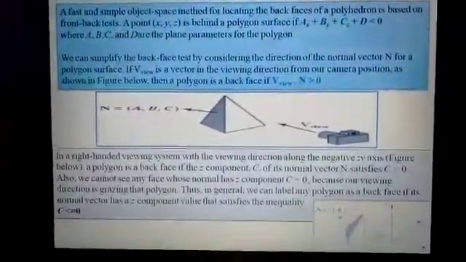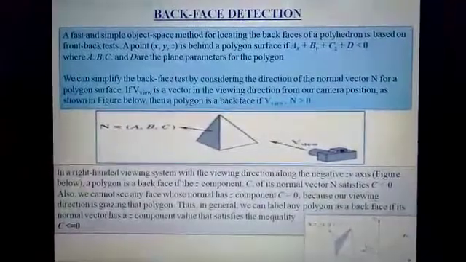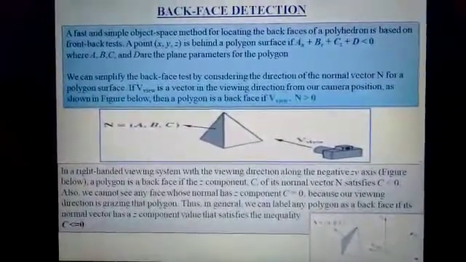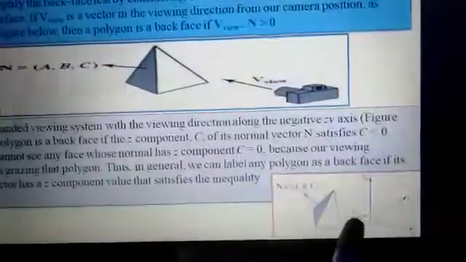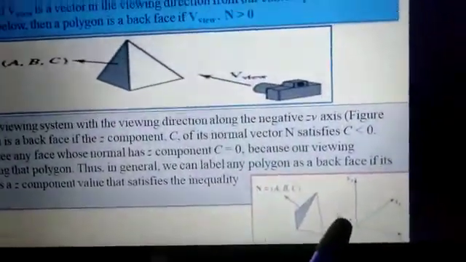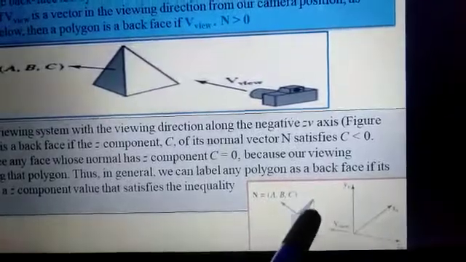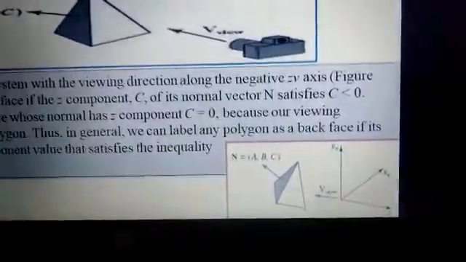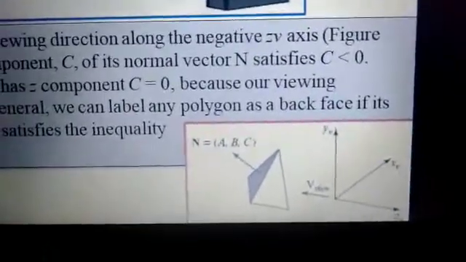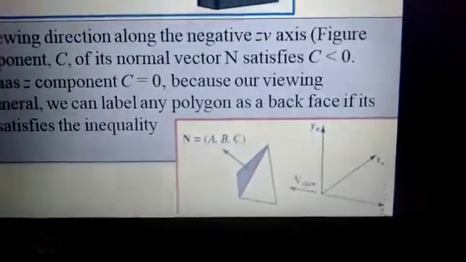With respect to a right-handed viewing system with the viewing direction along the negative ZV axis as shown in the figure here, where we are viewing with respect to the Z axis, you can say a polygon is a backface if the Z component C of its normal vector N satisfies the condition C is less than 0.